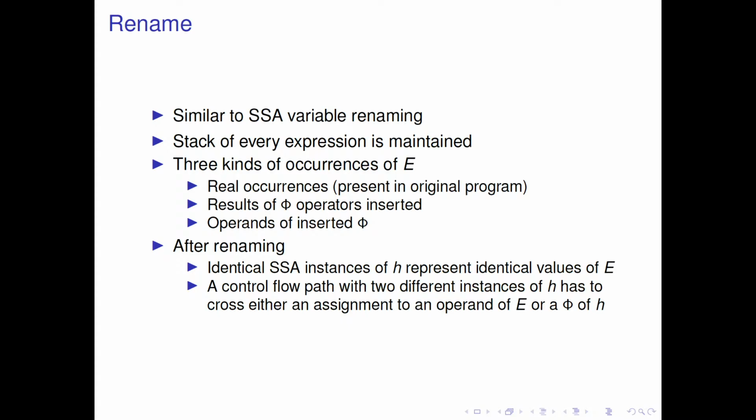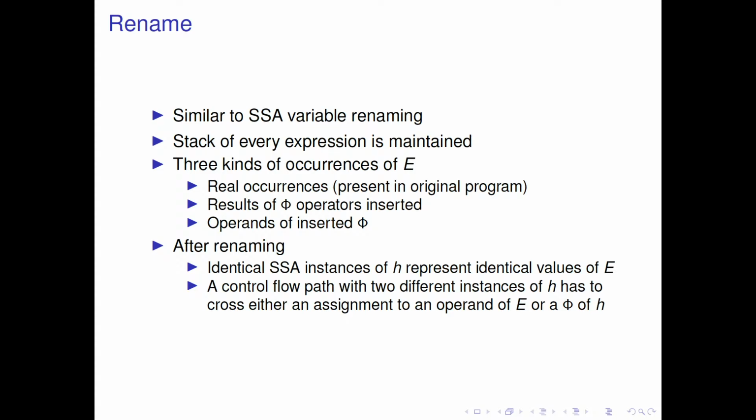Now suppose you find H1 and H2 in your program. So somewhere your A star B converted into H1, somewhere it got converted into H2. Why would that happen? So potentially it is representing two different computations of A star B, or A plus B, right?